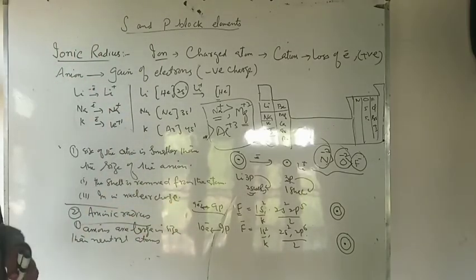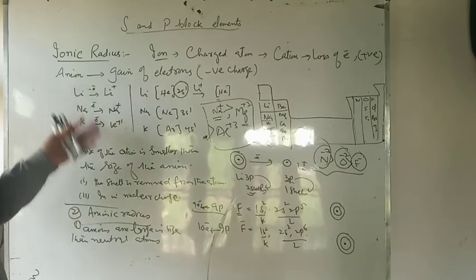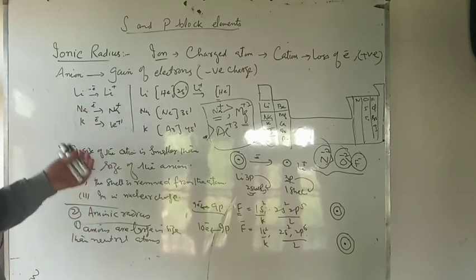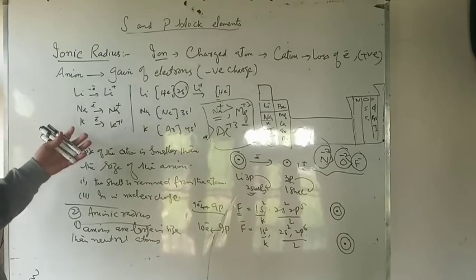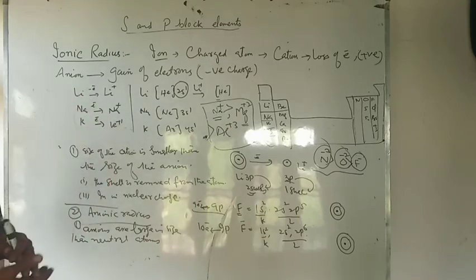Inshallah, I will give you some assignment tomorrow, and whatever we have studied so far, please go through it more keenly so that you can attempt your assignment perfectly. I hope you have understood these two topics in the periodic table.